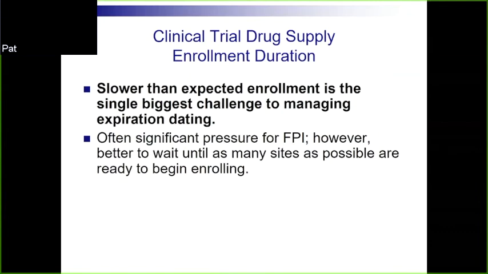And yes, we met the first patient in milestone, but now that second site came along 3 months later and just chewed up three of those 18 months of remaining shelf life. So we often try to encourage studies to not start that shelf life clock ticking until they expect to have as many sites as possible up and enrolling.